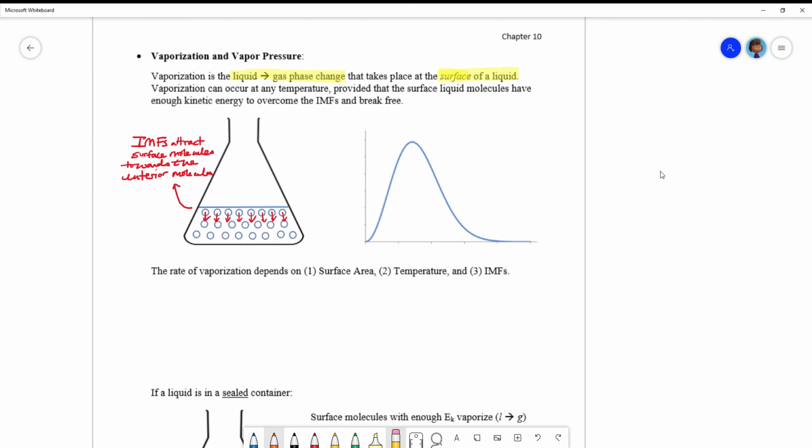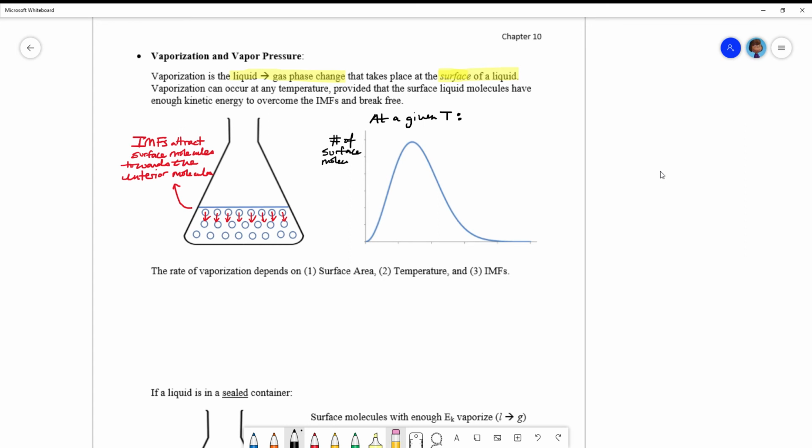So what does this curve represent for us here? Well, at a given temperature, and this curve does change a bit if we change the temperature, but at some given temperature, let's have our y-axis be the number of surface molecules, because that's what we're looking at here.